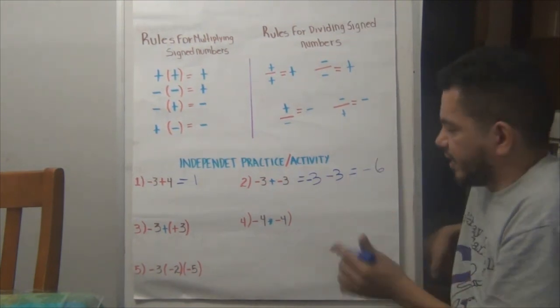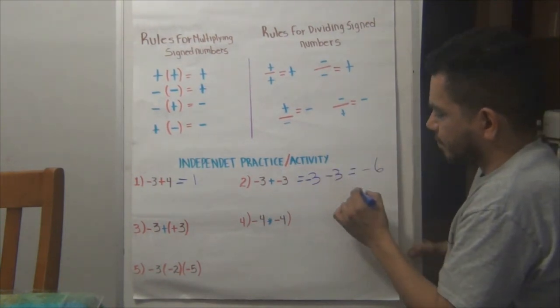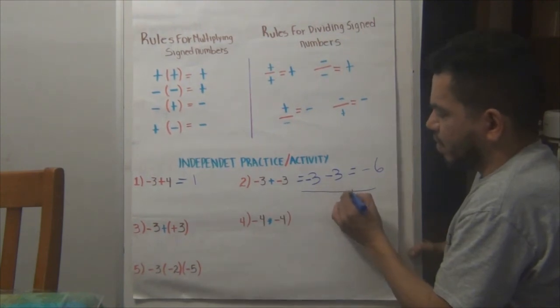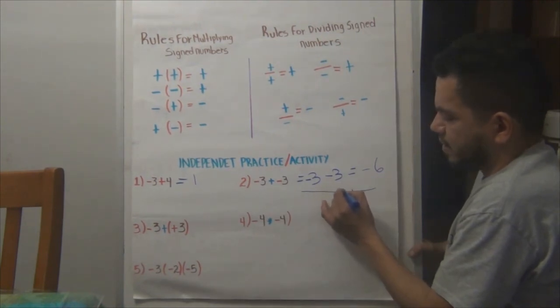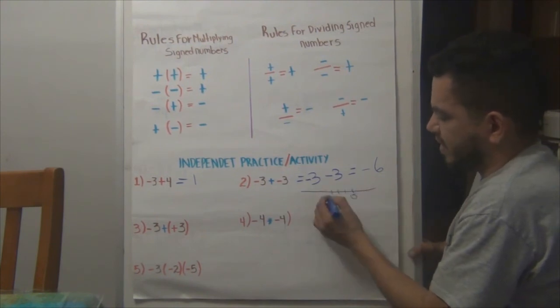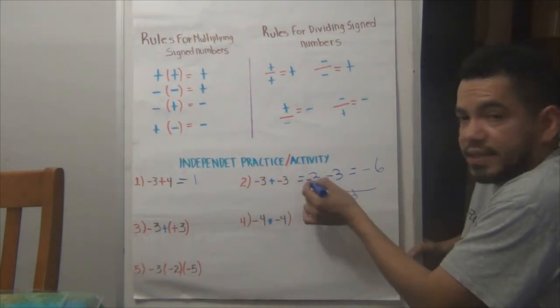Or think on the number line. Let's say you have the number line right here. This is 0 and this is 1, so this is negative 3. You are at negative 3, that's where you start.